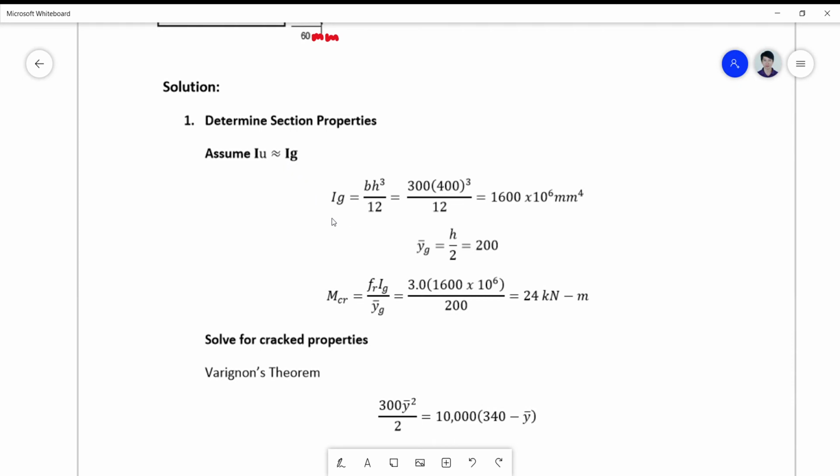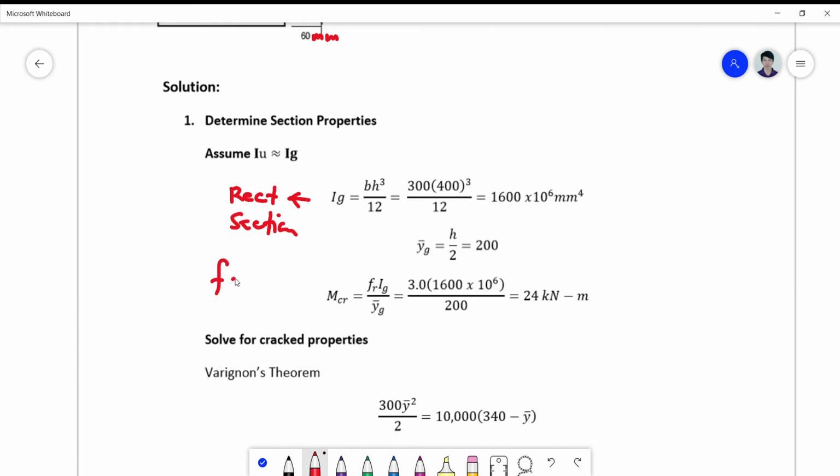We can easily solve for Ig and Mcr on the basis of this formula. Okay, so since this is a rectangular section, it's very easy to compute for Ig. So this is for rectangular section. And for Mcr, we simply make use of the formula f is equal to Mc over I. Okay, so we just substitute, M is f I over c.